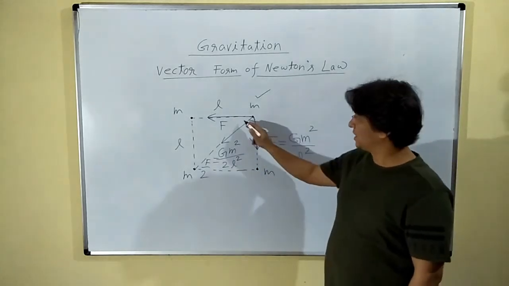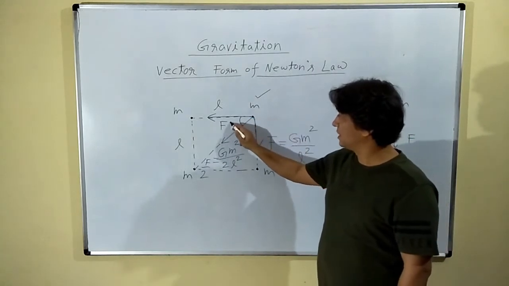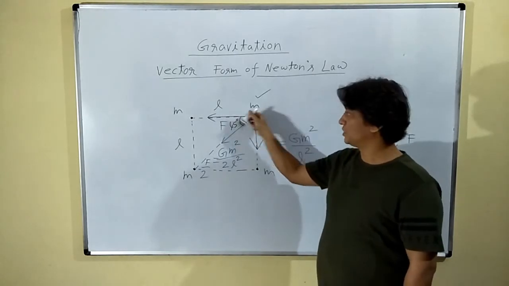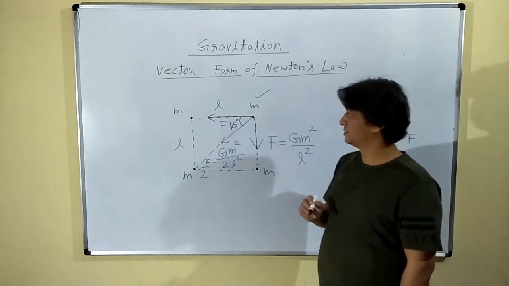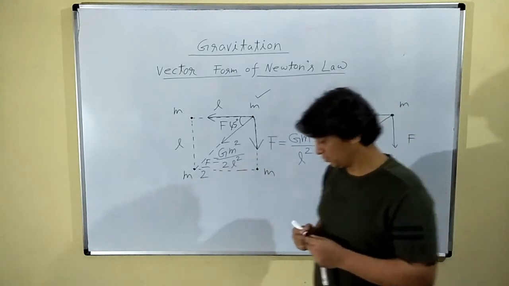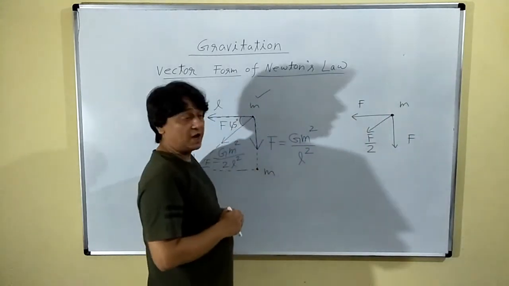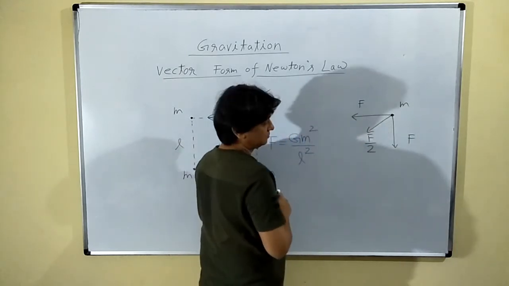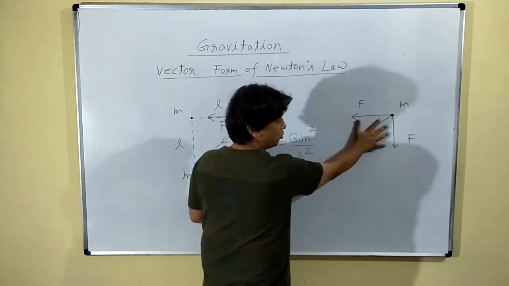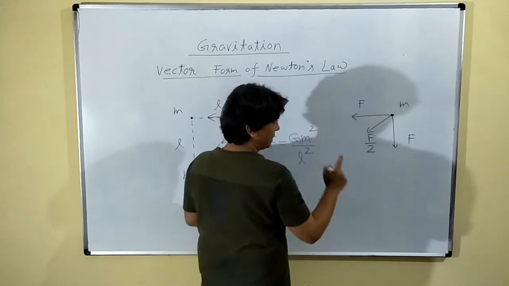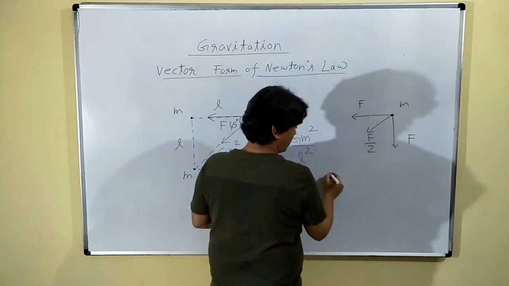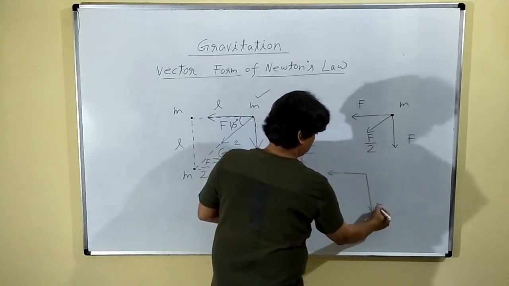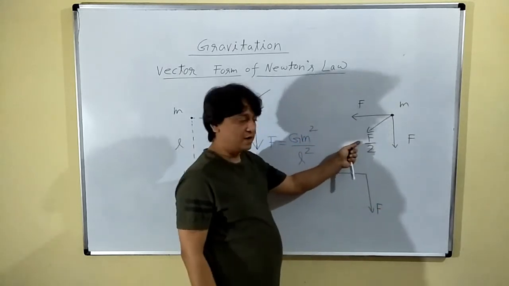Why is it easy? Because of the fact that the square's diagonal makes an angle of 45 degrees with these two sides, which gives us this advantage. Look at this force and this force. Let's forget about this F by 2 for a moment.